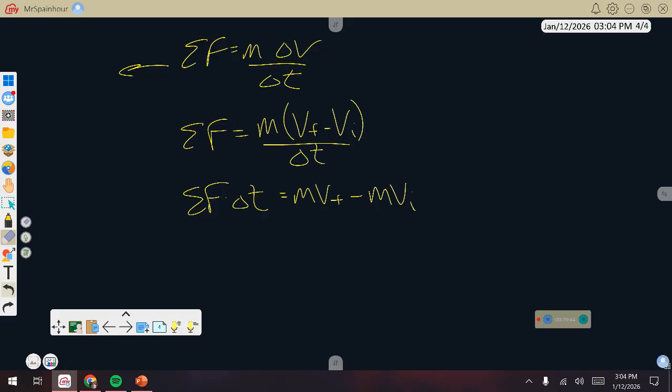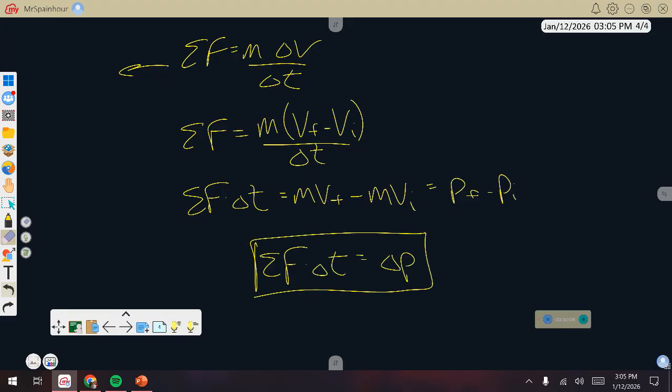So this is the same thing as momentum final minus momentum initial. Getting us to the final equation here. And I say final equation because you'll notice I really haven't changed Newton's second law. This is in fact Newton's second law, and yet we give it a different name. Okay, and that's this. Sum of forces times time equals the change in momentum.